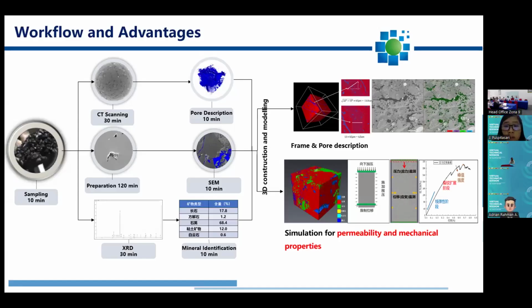So this is what it looks like. After scanning the rock, we combine the hundreds and thousands of 2D images into a 3D model. Then we do several things.